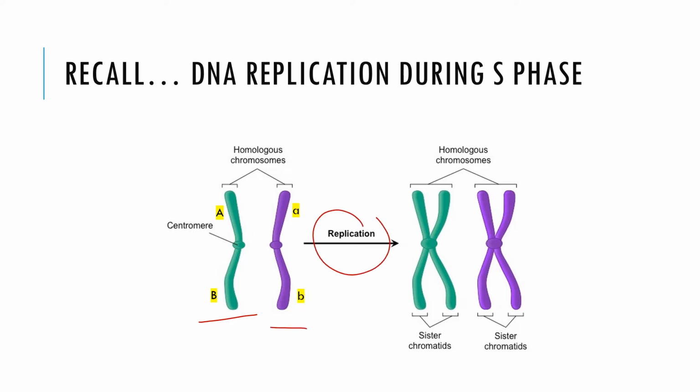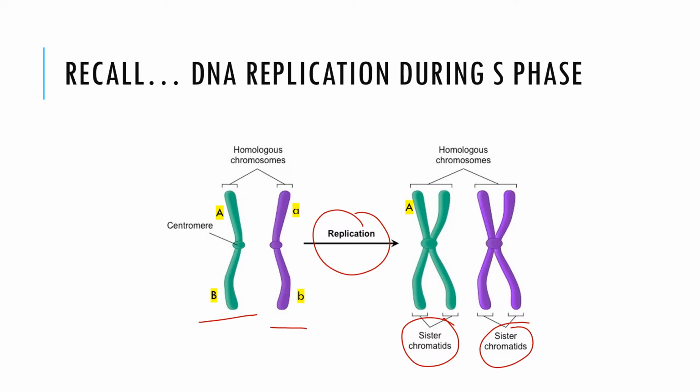When I go through replication, we copy the chromosomes and make them sister chromatids. So in this case, the green ones, these sister chromatids will be identical to each other, and then the purple ones, the sister chromatids will be identical to each other. So let's look at that.